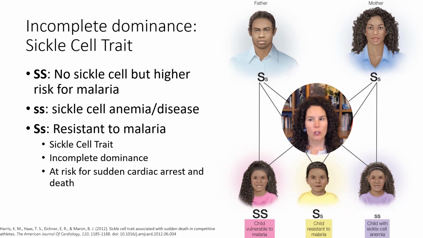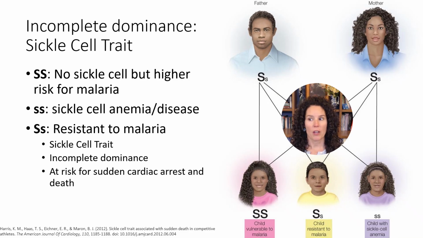Okay, so let's look at the sickle cell trait, which is associated with sickle cell disease, as an example of incomplete dominance. If you have two parents who are heterozygous for sickle cell, meaning that they have both a dominant and a recessive gene, you could have a child that has two dominant genes, which means that they will not develop sickle cell disease.